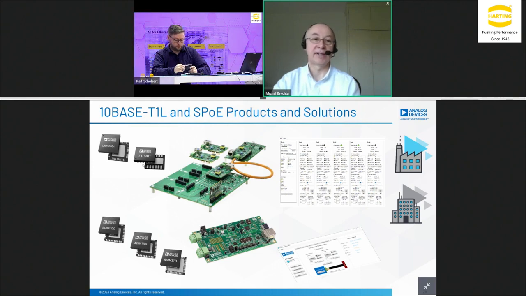You can get samples, you can get the evaluation kits, as I said. The evaluation kits come with software that lets you easily play with the resistors on the part and all the features, and build your own solutions for factories and buildings.